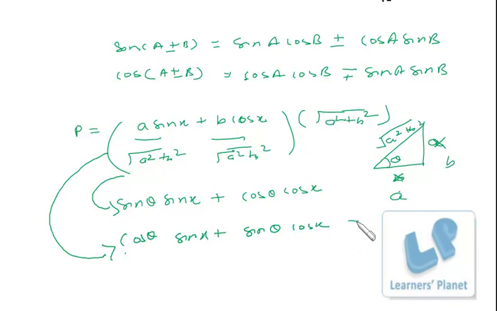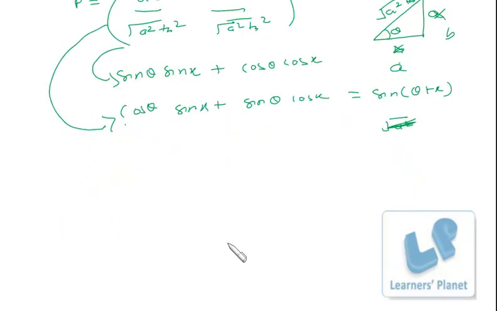So here a and b are theta and x, so I can write sin of theta plus x. This expression is multiplied by root of a square plus b square, or I can say p upon root of a square plus b square is equal to sine theta plus x.